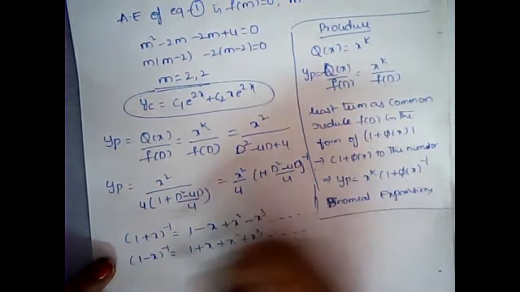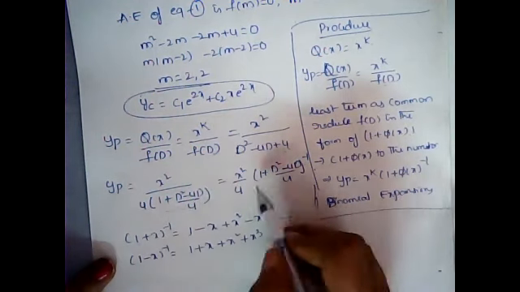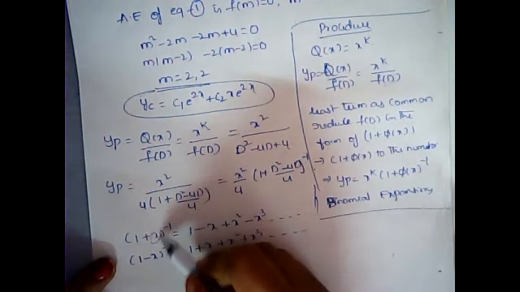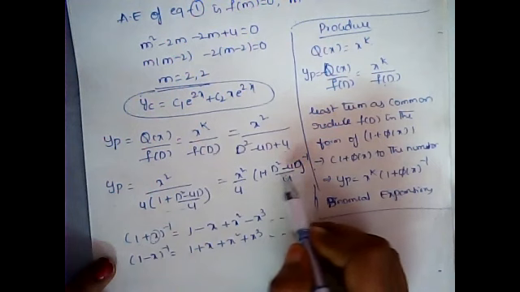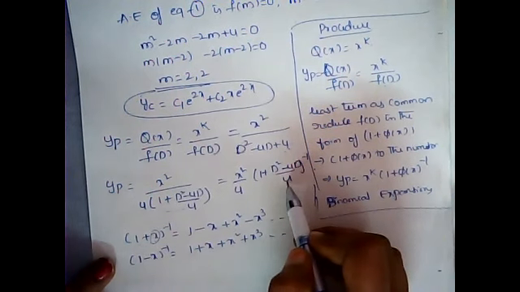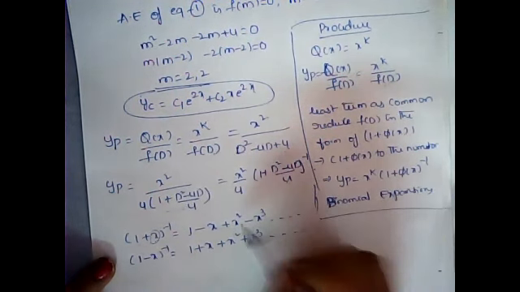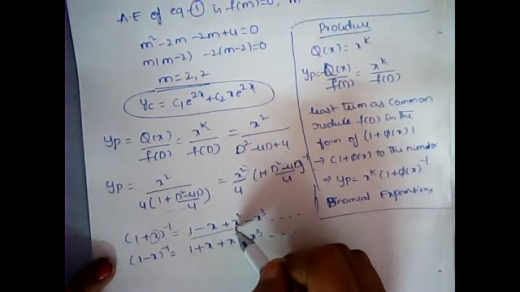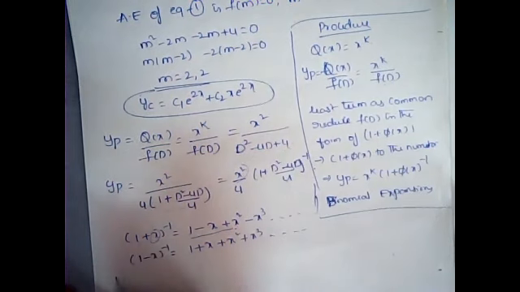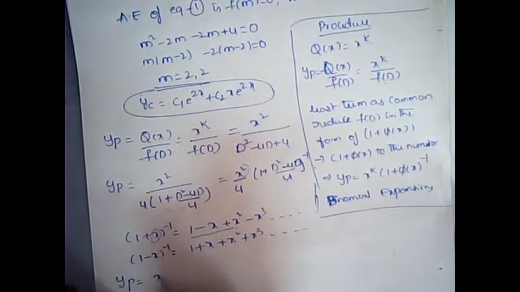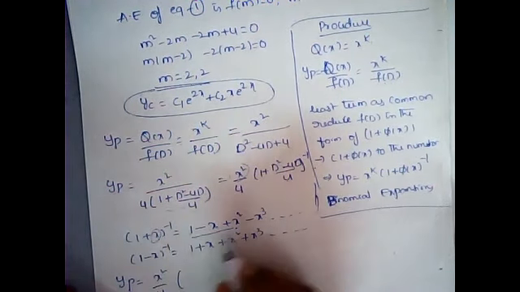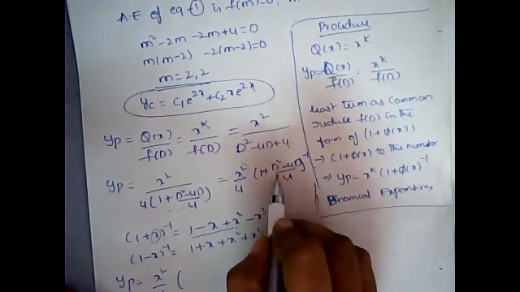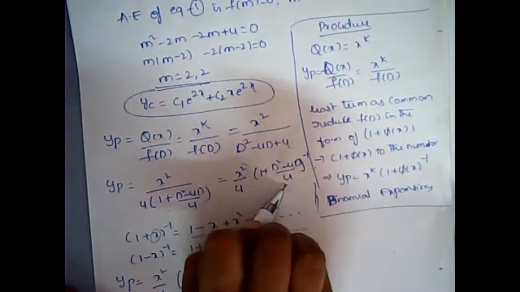Since the equation is in the form of (1 plus x) whole inverse, but what is in the place of x here? In the place of x, we have (D squared minus 4D) by 4. Apply the expansion here. Since we have x squared, we will take the expansion up to D squared only. So yp equals x squared by 4, and in the place of x, we are going to substitute (D squared minus 4D) by 4.